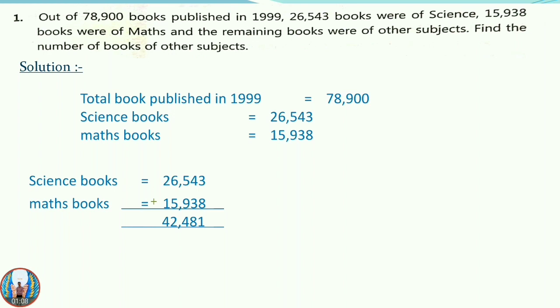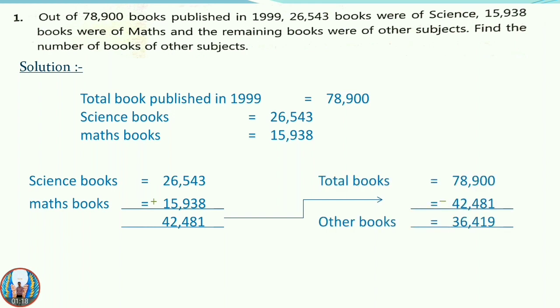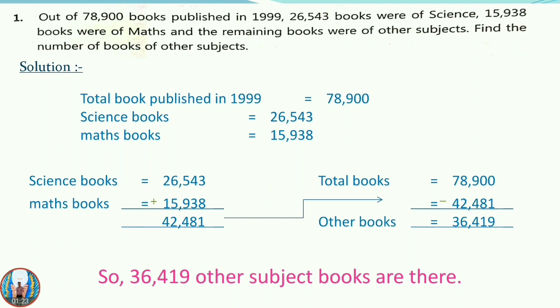Now we can subtract the 42,481 from the total number of books published, so that we can get the number of other books. So other books is 36,419. So 36,419 other subject books are there.